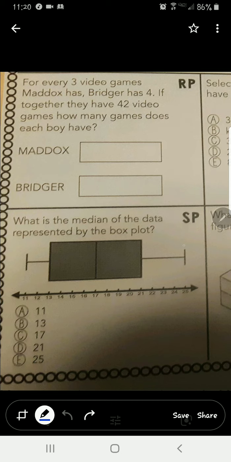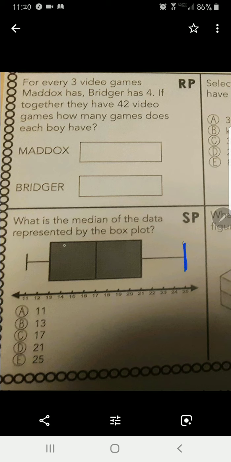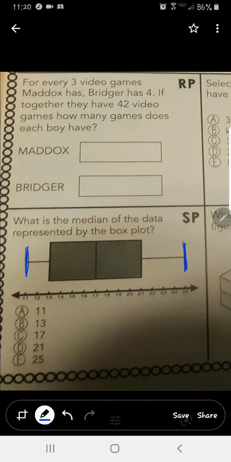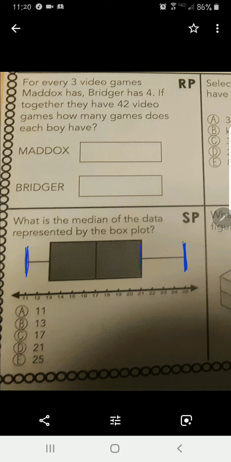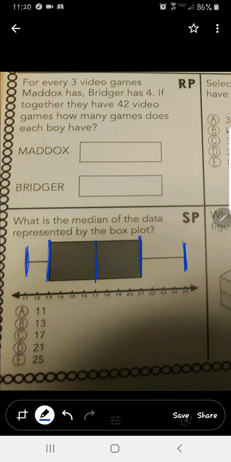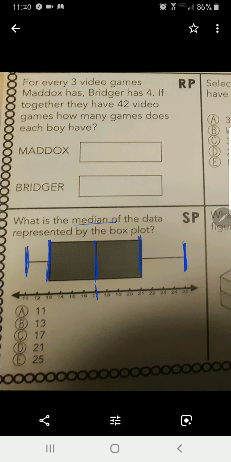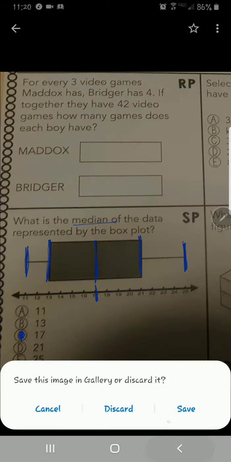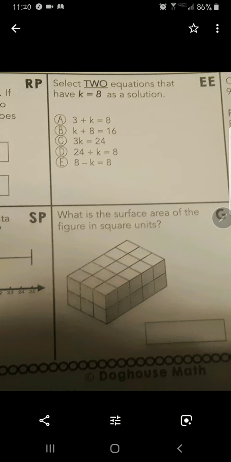So we have our max, which is the highest point in the data, and our min, the lowest point, our third quartile, our second quartile, and our median. It's asking for the median, which is the middle of the data. It goes 17. So it's 17.